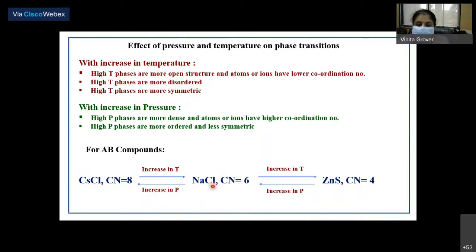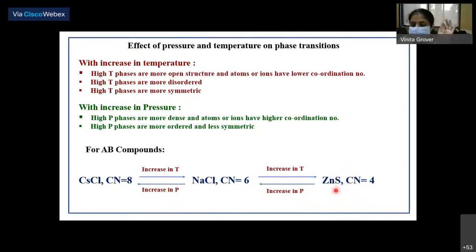Okay. Similarly, if you further increase the temperature of the rock salt material, I'm not talking of NaCl in particular. Please remember that what I'm talking of is CsCl type structure, NaCl type structure, and zinc sulfide type structure. So NaCl type with increase in temperature will go to the sphalerite or zinc blende type of structure, and here the coordination number is 4.